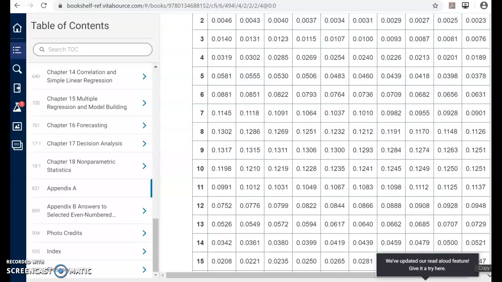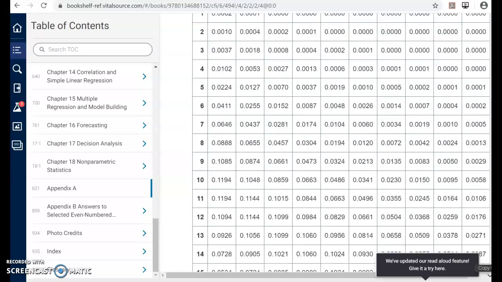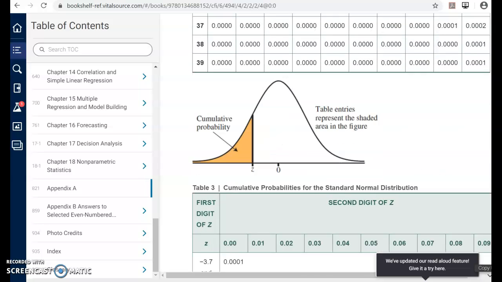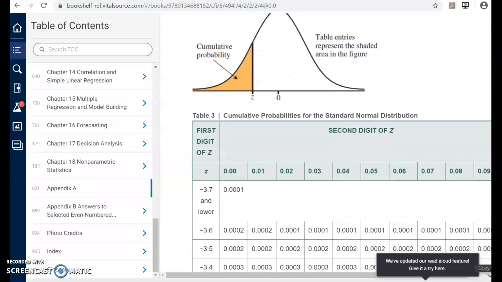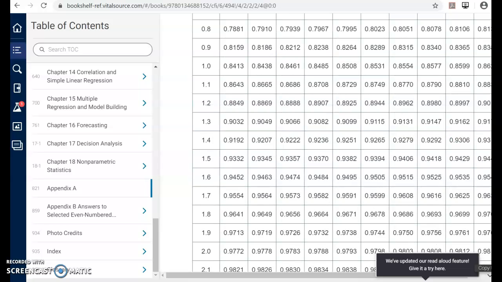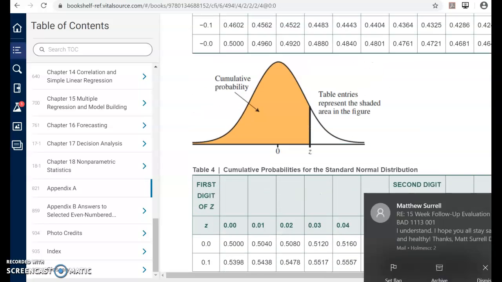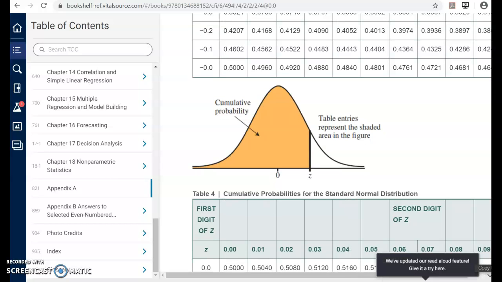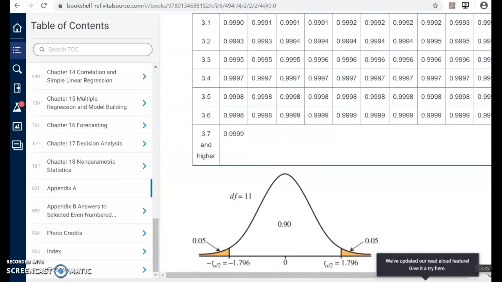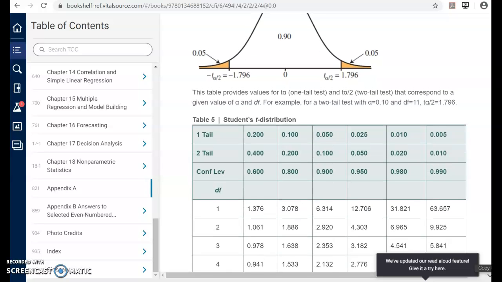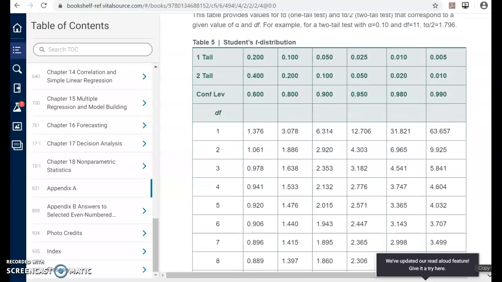You can also look online for these if that's a little bit easier. This is the standard, so we're going to keep on going here. Okay, here's the t.